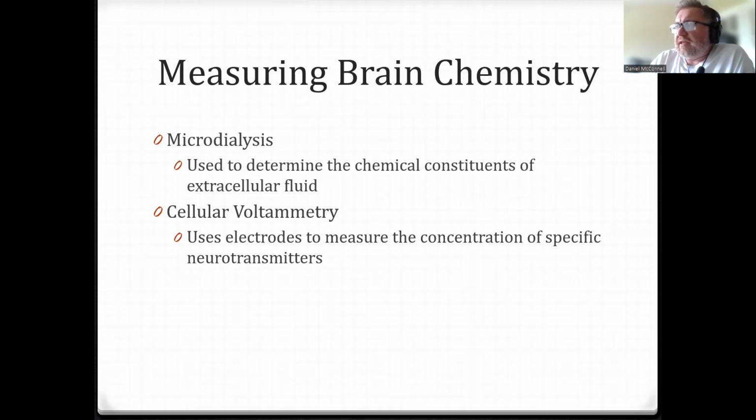Well, in part, that means at the moment before and after an action potential, let's extract some of the extracellular fluid and then analyze it to see what chemicals are found, right? What we might find is that before an action potential, we find a lot of sodium outside of a neuron, but after an action potential, we find a lot of potassium. That helps us learn about the movement of sodium and potassium in and out of the cell.